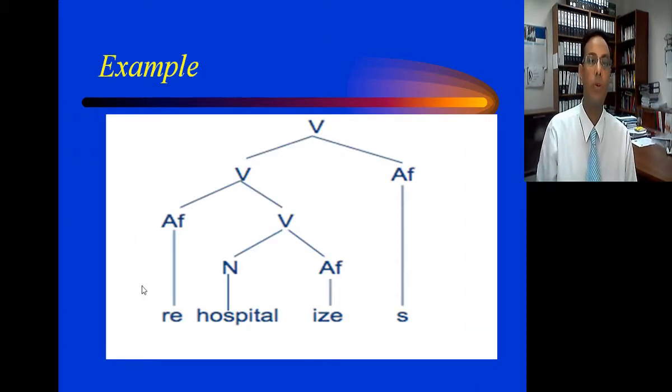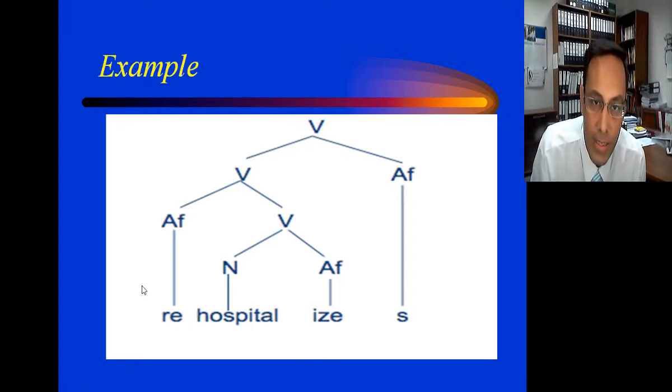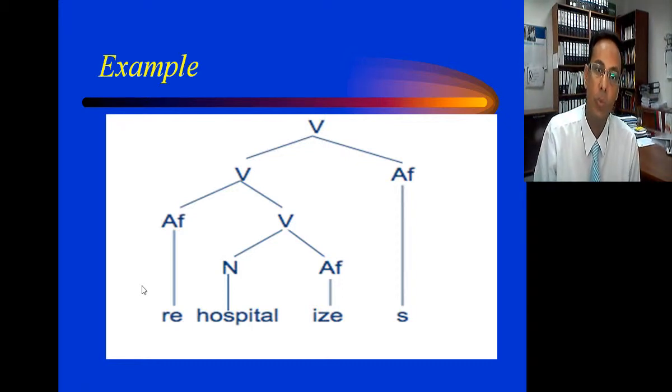Another example, the word rehospitalizes. Here it is a verb, so we write V. The original word is hospital, which is a noun, and we add the suffix, which is an affix, -ize: hospitalize.